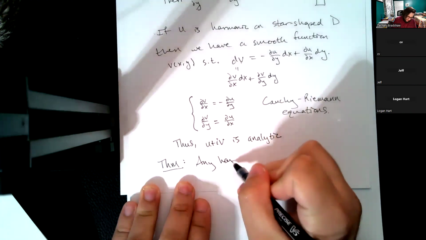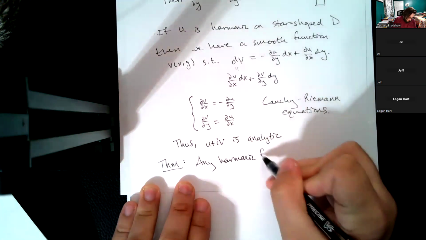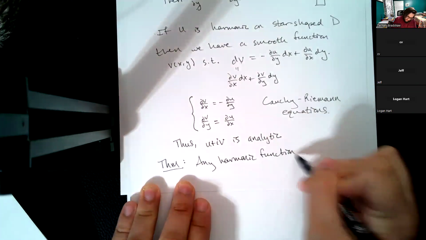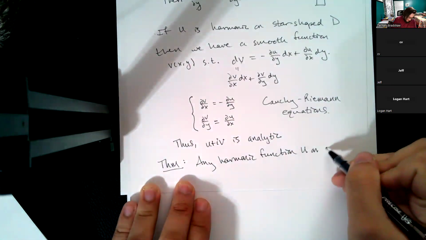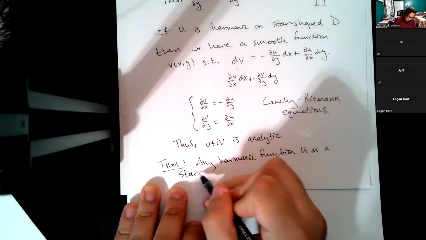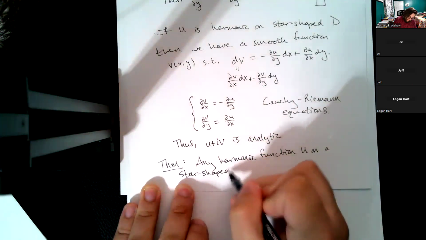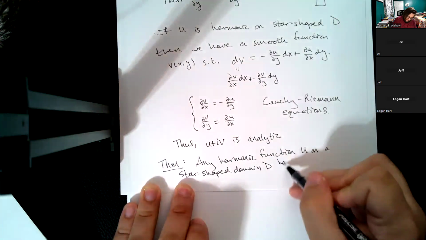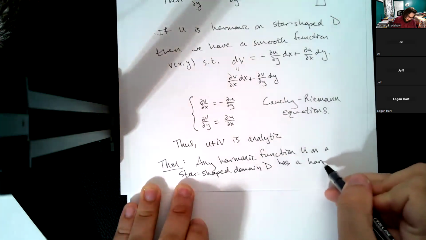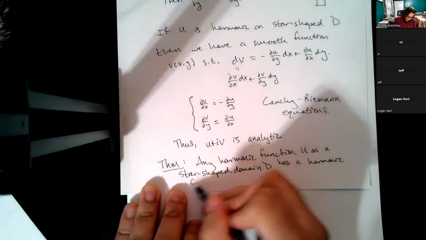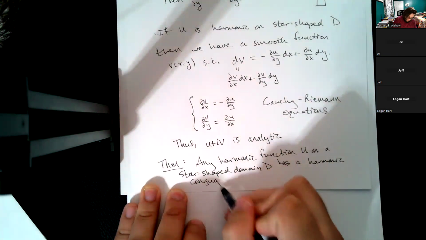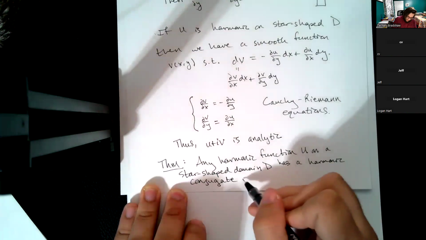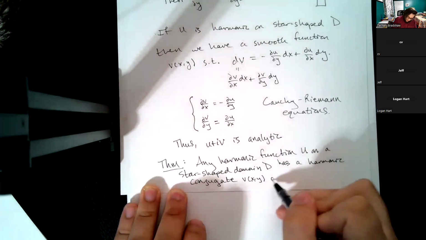Any harmonic function u on a star-shaped domain D has a harmonic conjugate on D.